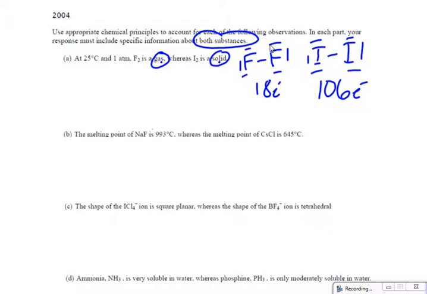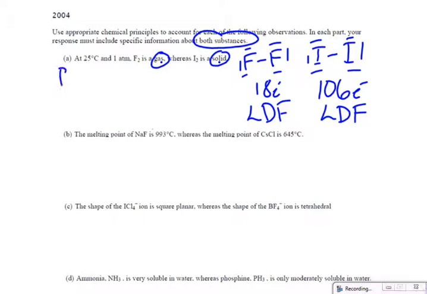So what intermolecular forces are present here? Well, this is nonpolar, so that's London dispersion forces. Iodine is also London dispersion forces. And now you have to think, what do I know about London dispersion forces? They increase with increasing number of electrons. So now I have to tell this to my graders so that they know I know about London dispersion forces.